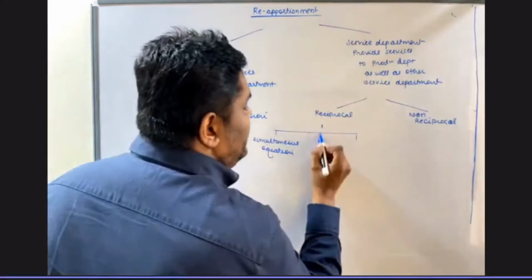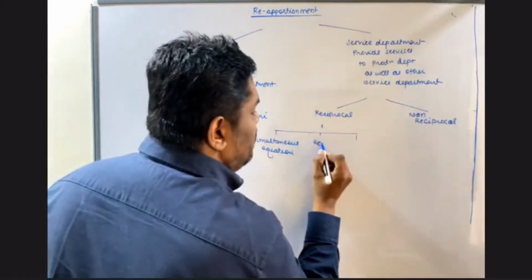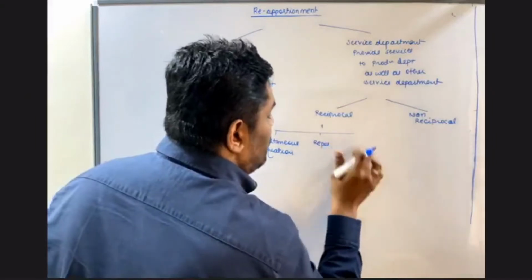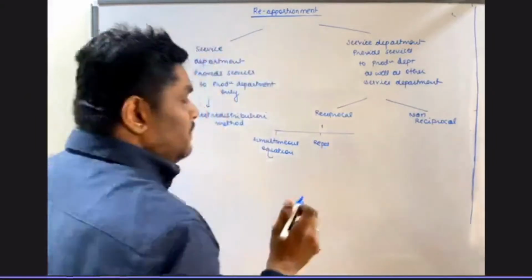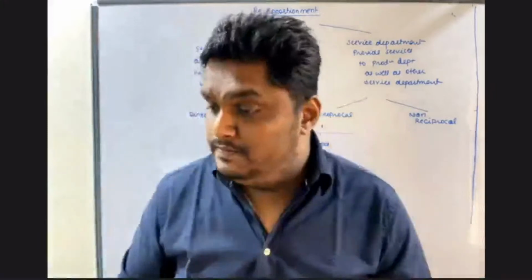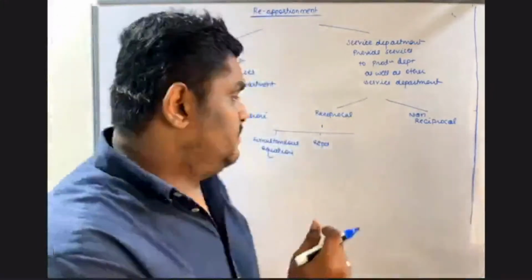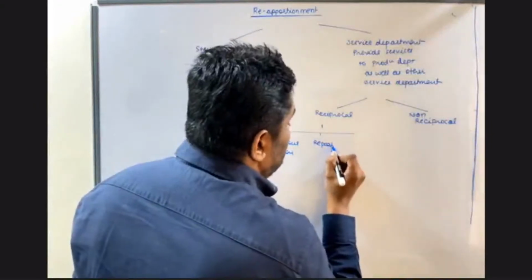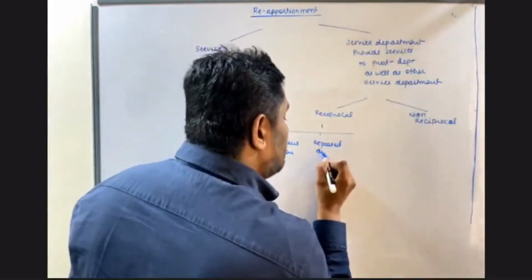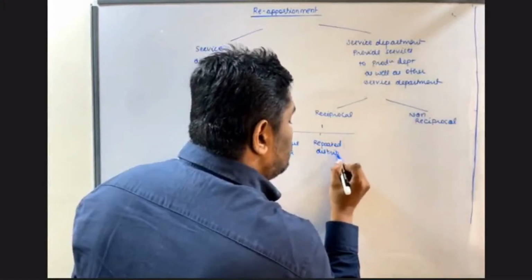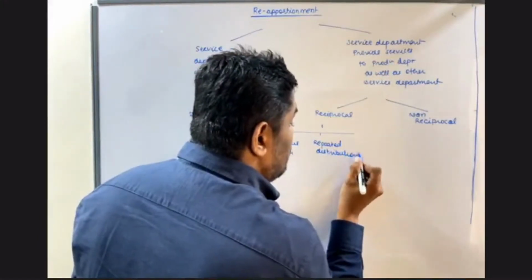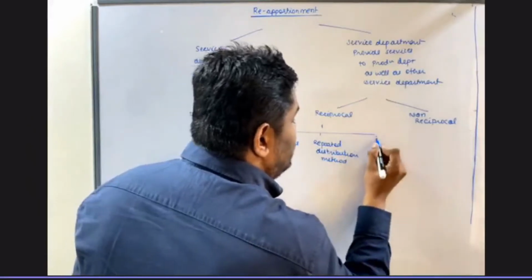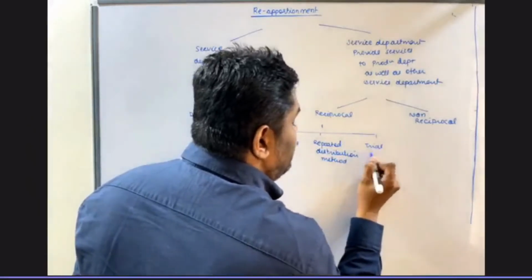Second one is repetitive distribution method. And the third one is trial and error method.